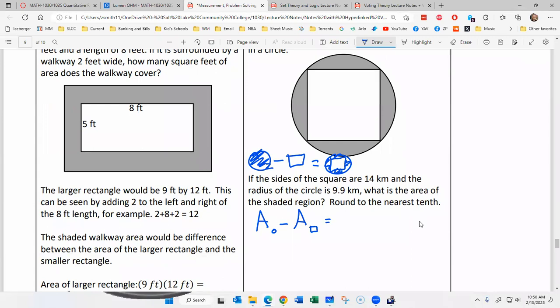The radius of the circle is 9.9 kilometers. So the area is pi r squared. And the area of the square would be length times width, which would be 14 kilometers times 14 kilometers.